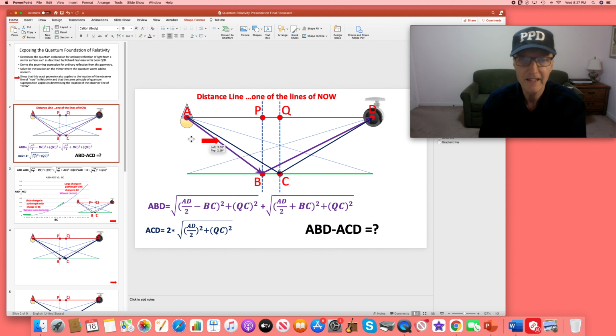C is over here at the center line. It's exactly halfway between A and D, like Q is exactly halfway between A and D, so this C is on the center line. So ABD minus ACD, what is that?